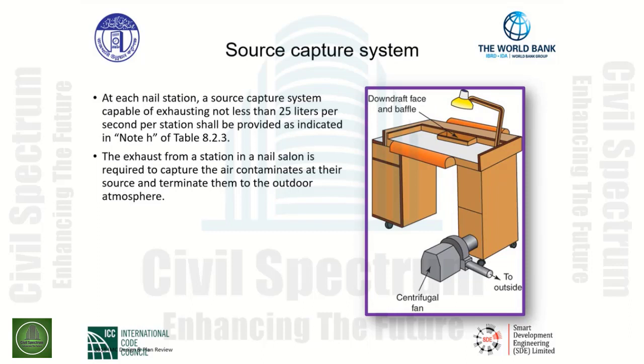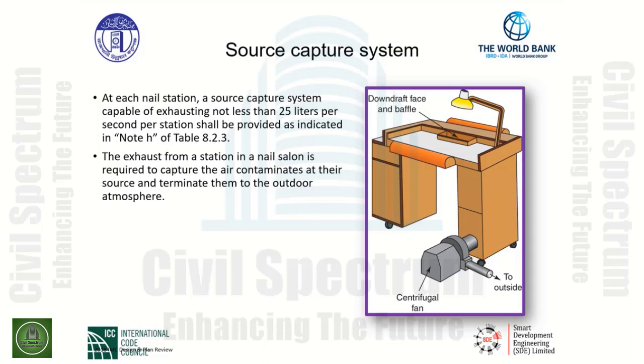As an example, a source capture system. Indicated on the right-hand side of the slide, we have what's called a nail table. As you can see, we have a downdraft face and baffle. This is the point where the contaminants need to be captured at the application.